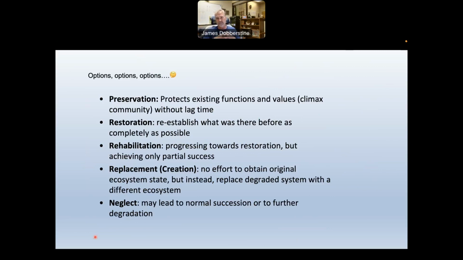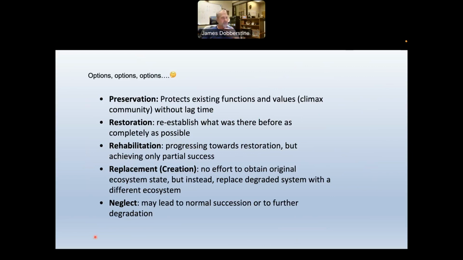In some cases, restoration may not be the right endpoint. It might be replacement with something else, right? Or it might be rehabilitation to get some temporary gains while you work through your options to determine what might be achievable in the long term, maybe in that area or maybe somewhere else with the same funds that you have available, right?